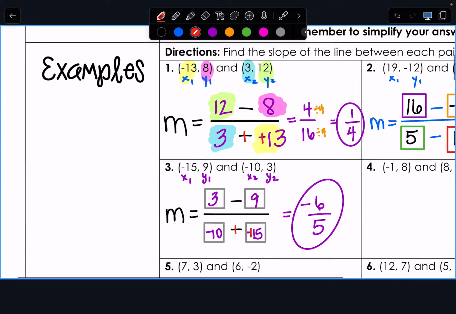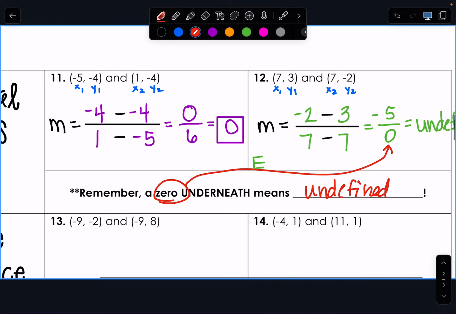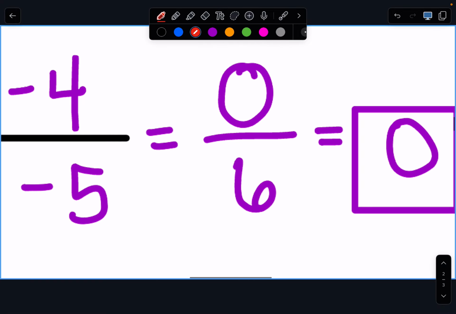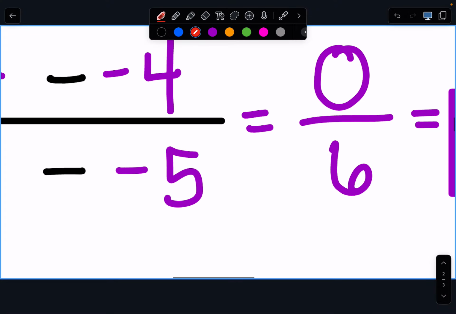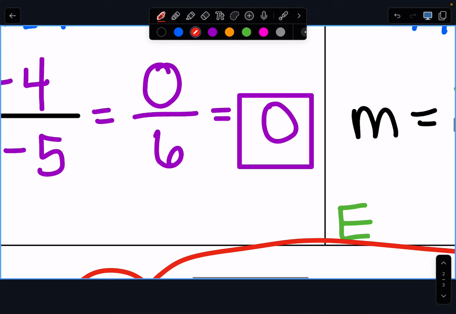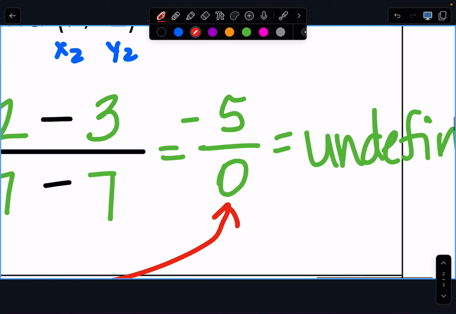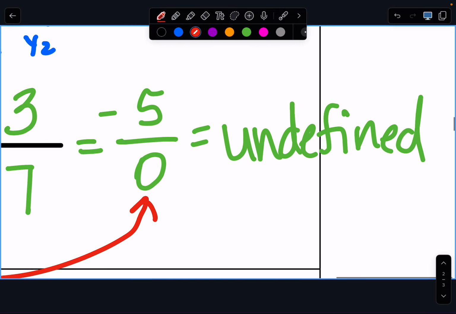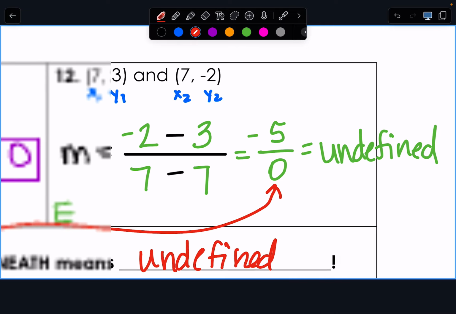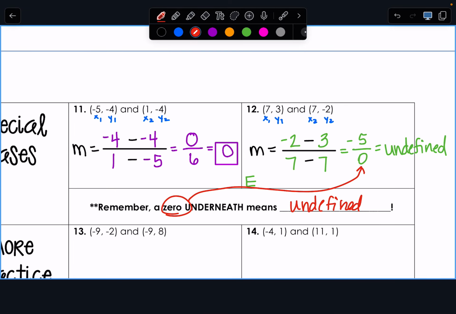I will tell you that will happen right here too. If you leave it as 0 over 6, that's not good enough. You have to tell me that that means 0. You cannot leave it as negative 5 over 0. That's not good enough. You have to tell me that that means undefined. Okay? All right. So this is what I'm going to have you do.